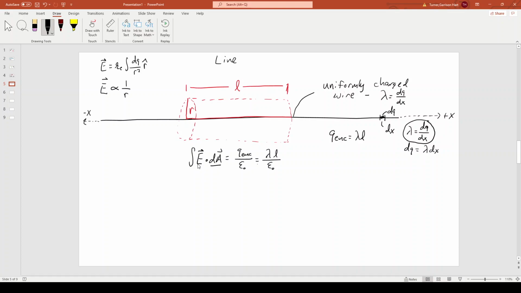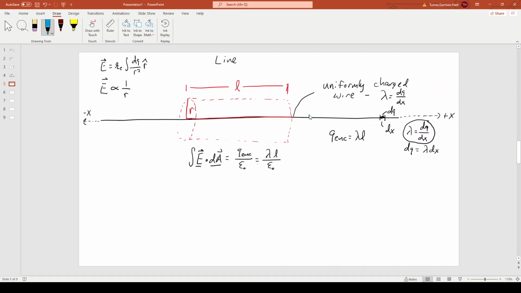And first, we also have to justify why we can pull E out of the integral. If this is a uniformly charged line, then the line is in 3 dimensions, but the easiest dimensions for us to visualize are the plus y and minus y directions.